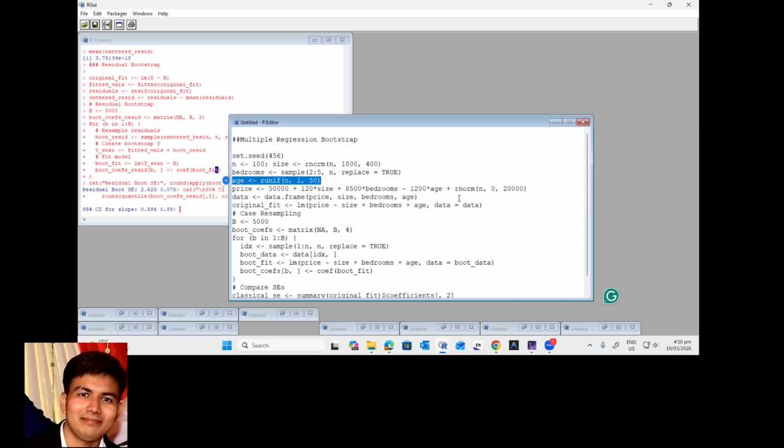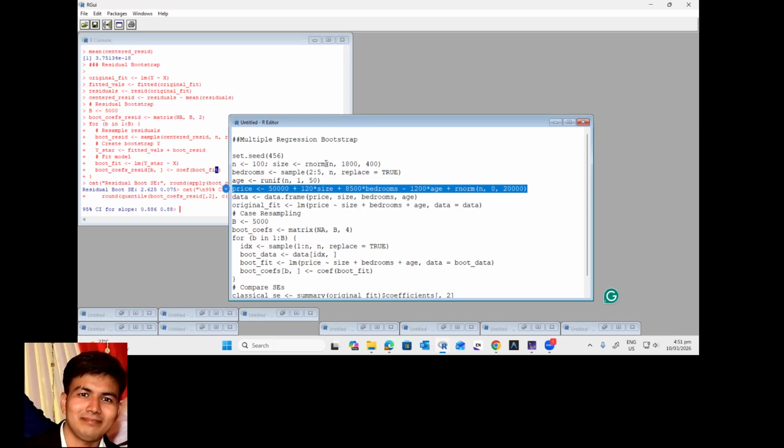After that, we are going to introduce our model, that is price equals 50,000 plus 120 times size plus 8,500 times bedrooms minus 1,200 times age plus rnorm(n, 0, 20000). It means we construct the response variable price according to a linear model. The intercept is 50,000, the effect of the size is 120 per unit, and the effect of the bedroom is 8,500 per bedroom.